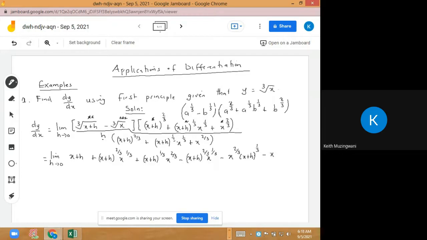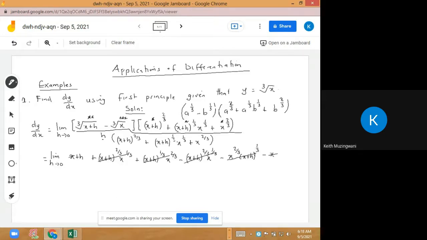So we'll get back to the denominator. Let's deal with the numerator now. You can see that this cancels with this, and this cancels with this. So this x cancels with that x.